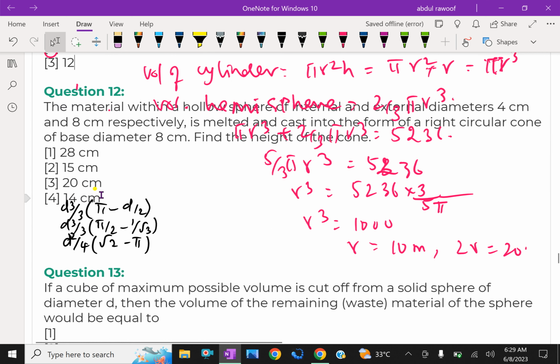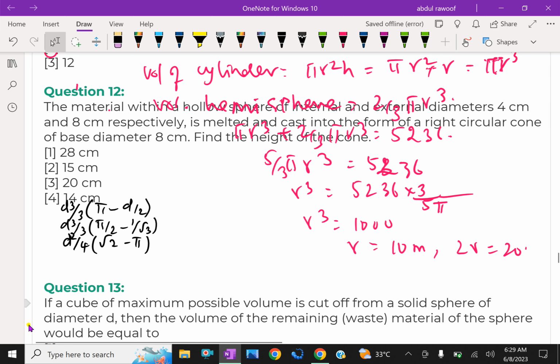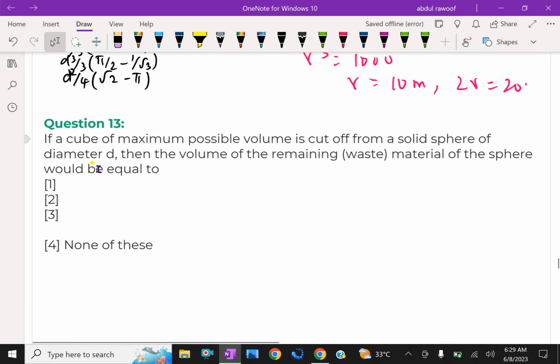Next question. If a cube of maximum possible volume is cut off from a solid sphere of diameter d, then the volume of the remaining waste material of the sphere is?